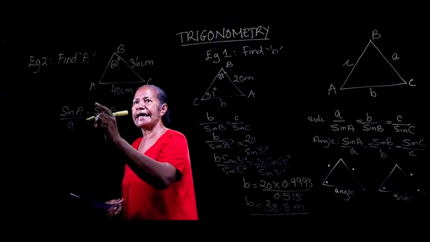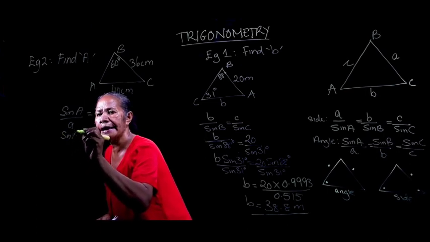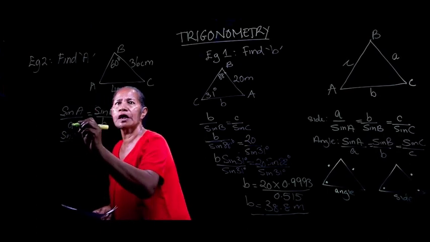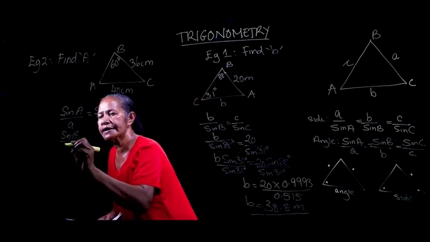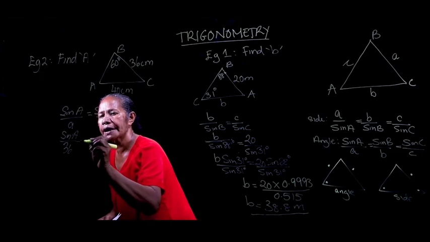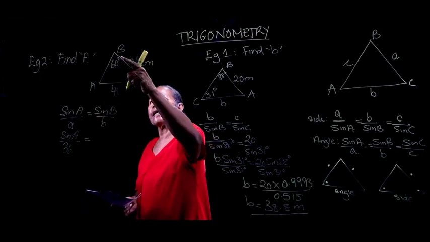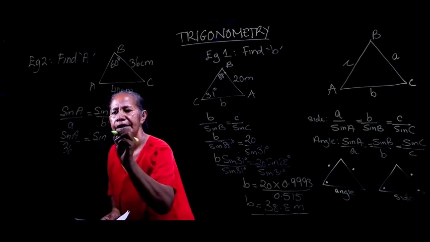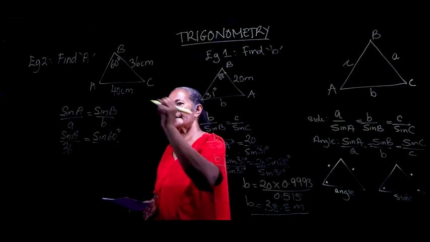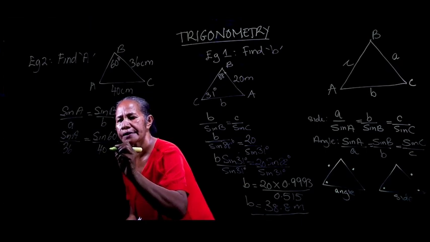Sine A is what we are looking for, so sine A over the value of side a, which is 36, is equal to sine B, which is 60 degrees, so sine 60 degrees over side b, 40 centimeters.